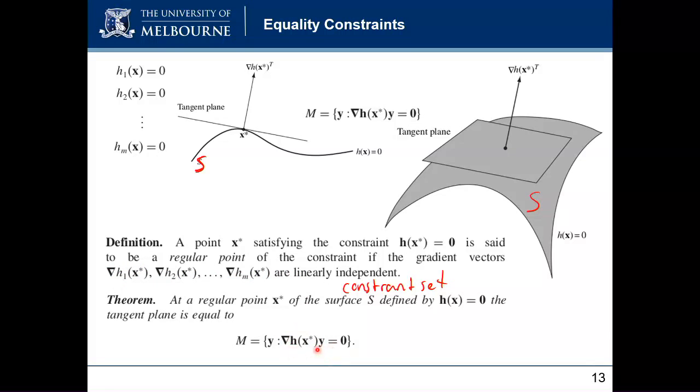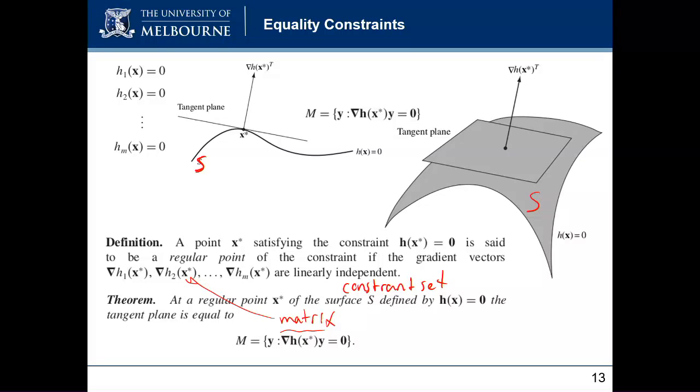The equality here defines the tangent plane. So this is a matrix that has these individual gradients as the columns, and that's multiplied with a y in R^n, and then you get a zero.